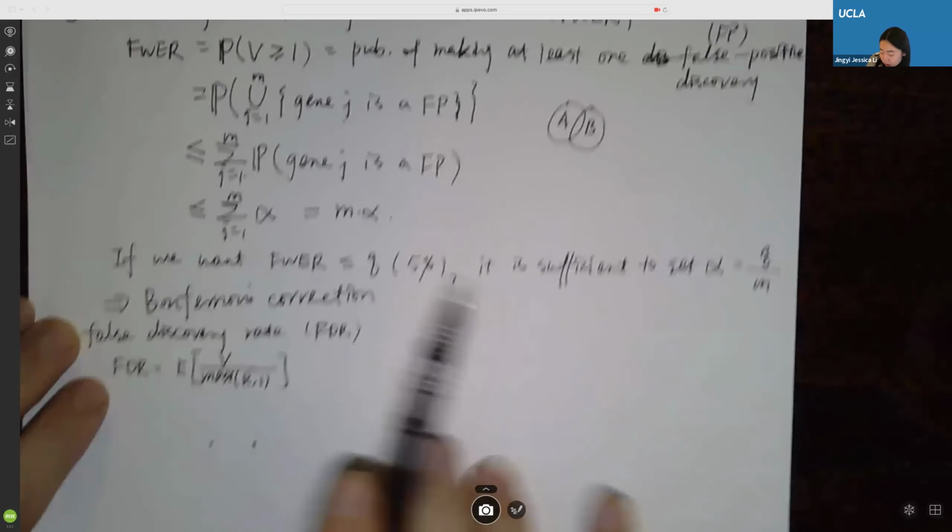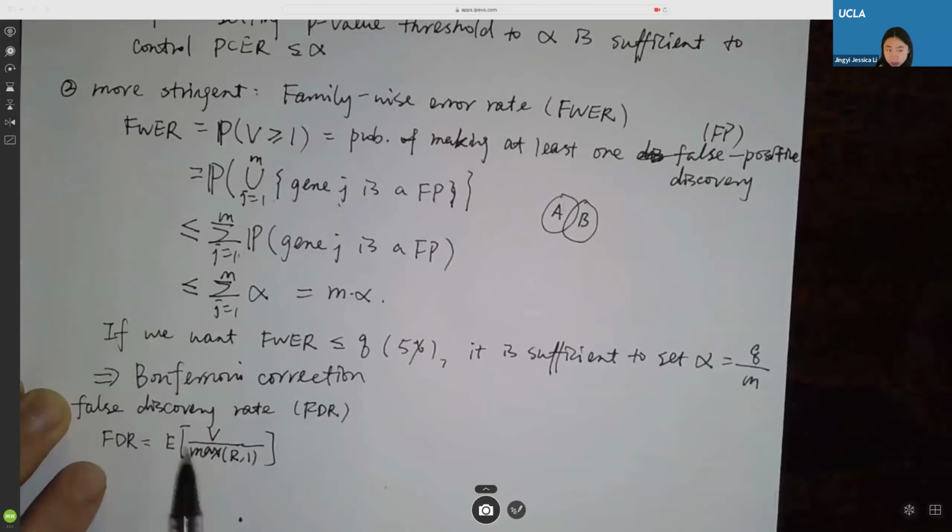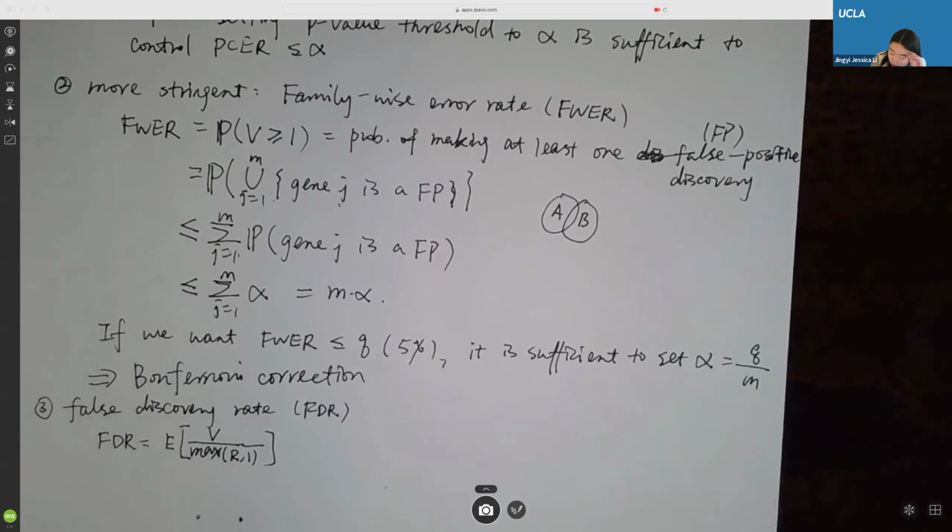Compared to the family-wise error rate, you can see this is less stringent. For example, if I want to control the false discovery rate at 5%, that means if I have 100 discoveries as my R, then only about 5 are expected to be false positives. That is what we aim to control.